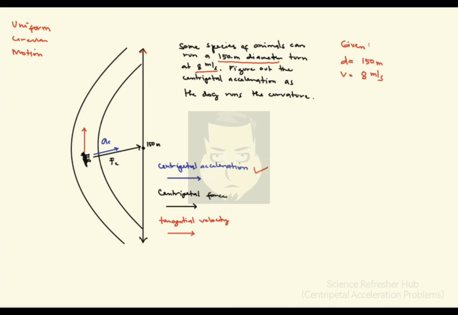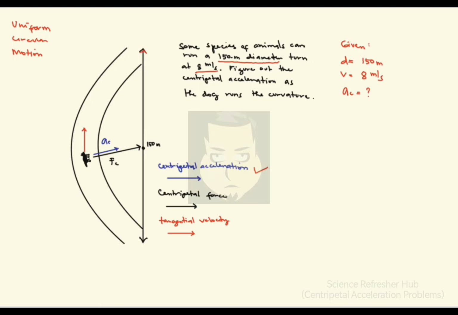And we need to figure out, according to the problem, the centripetal acceleration, or this blue arrow here in our drawing. We need to find the value of the centripetal acceleration of this creature running at 8 meter per second speed.